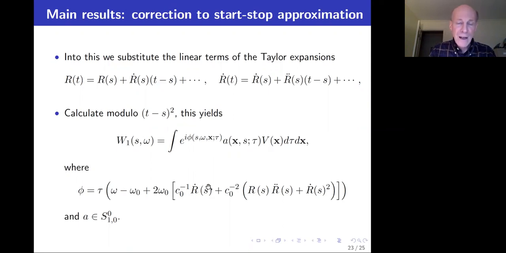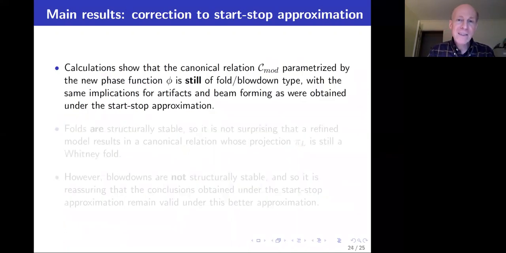So the phase function, up to the R dot over c0, is the same phase function as before, but now there is this additional correction term, which is big O of c0 to the -2, so it's small, but it's a correction term. And when you do the analysis, which I'm not going to do, it turns out that the modified canonical relation is still a fold or blowdown type, which we were happy about.